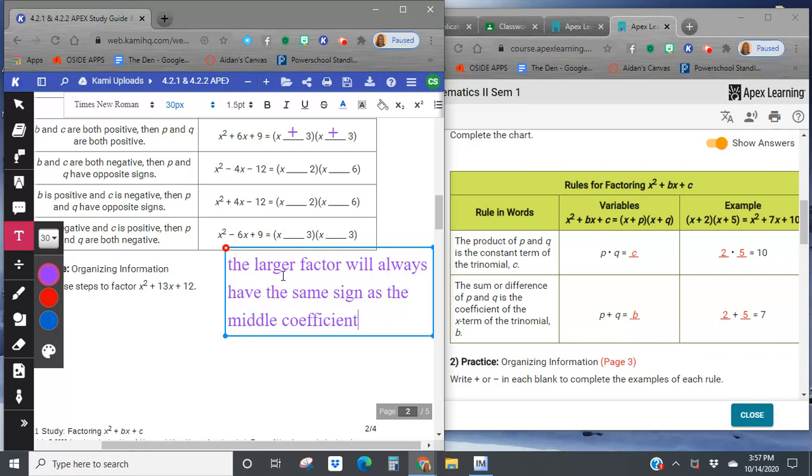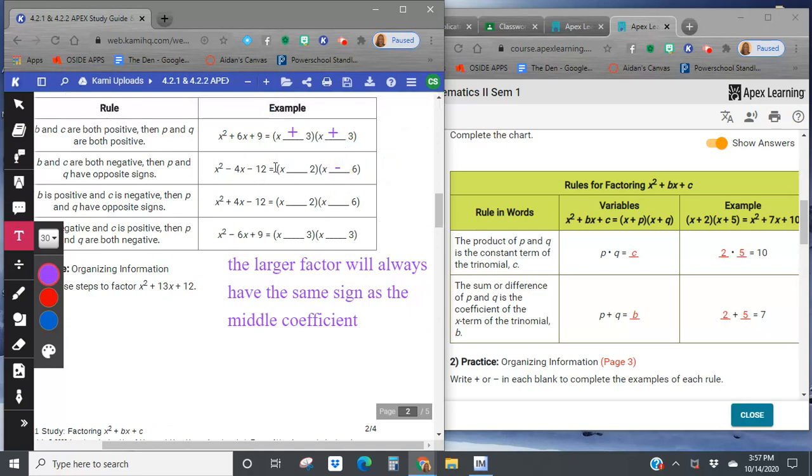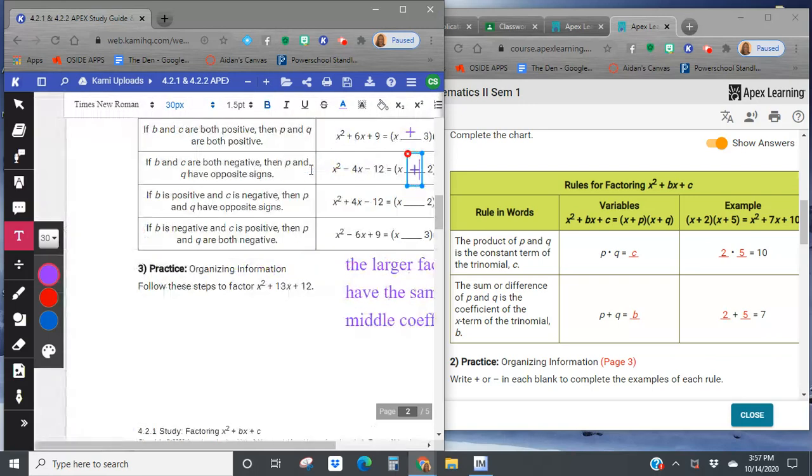So that at least gives you a hint: here the 6 is the larger factor, so that's definitely going to be the minus. So x minus 6, and then that makes this other one have to be the positive.